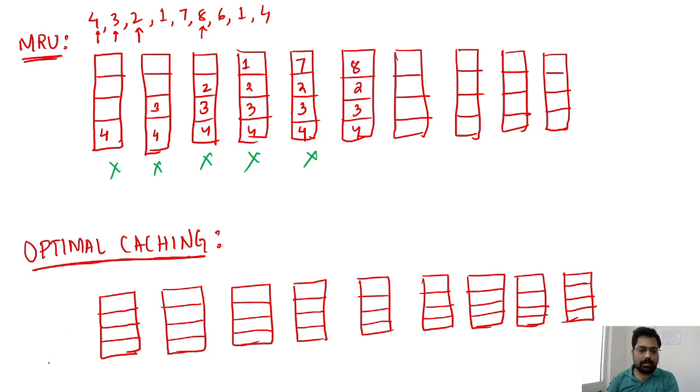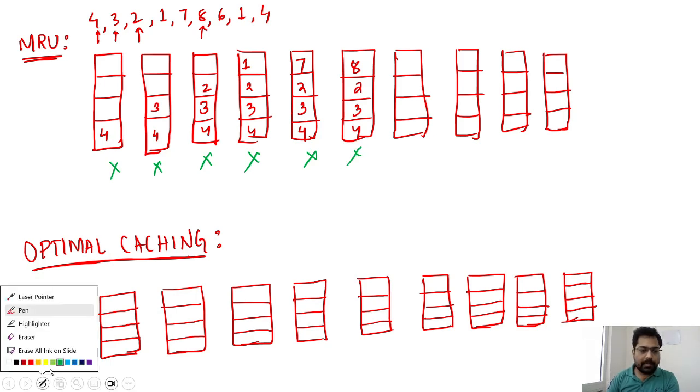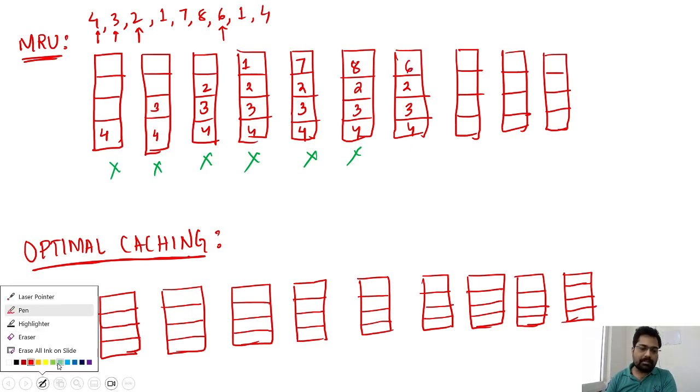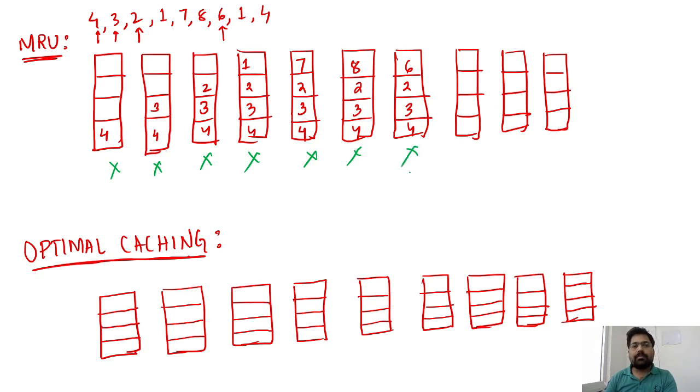So it is a part of cache miss. Okay, next the previous data will be 2, 3, 4, and 6 came into the picture. 8 was recently used, so instead of 8 you have to write 6. Though you are doing the replacement, it is a part of cache miss or cache fault.